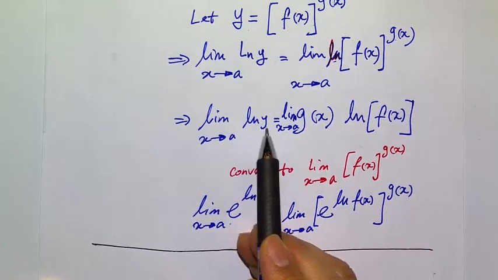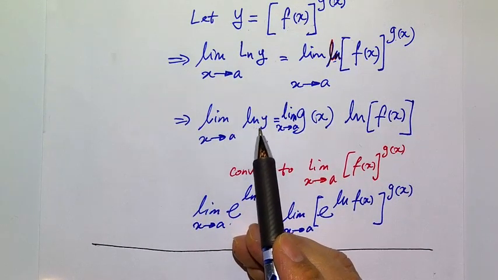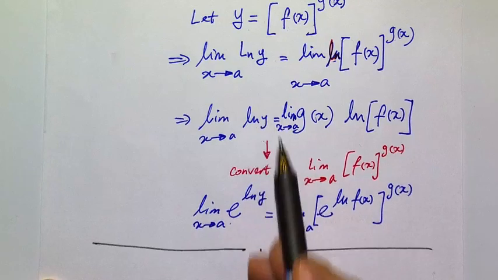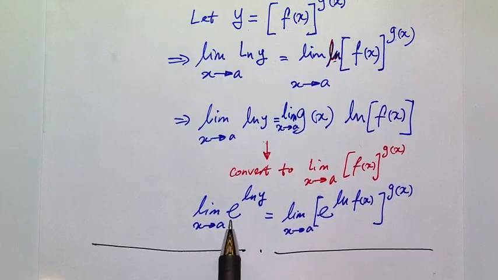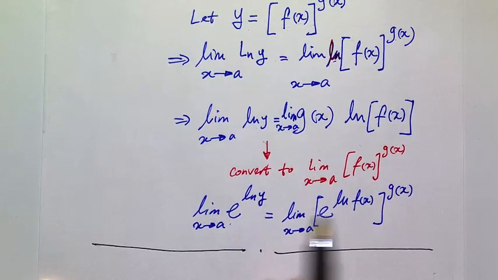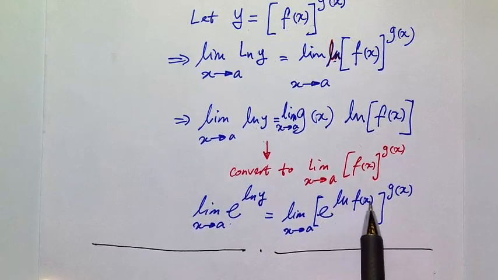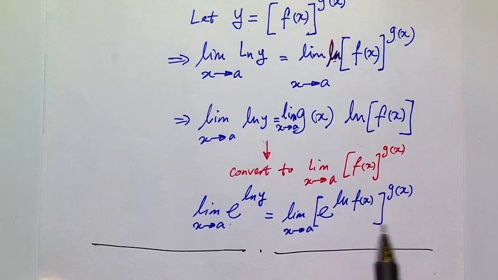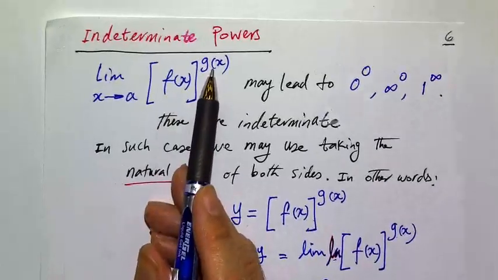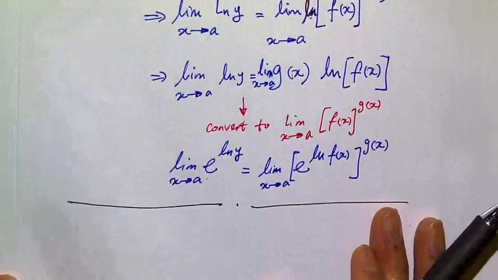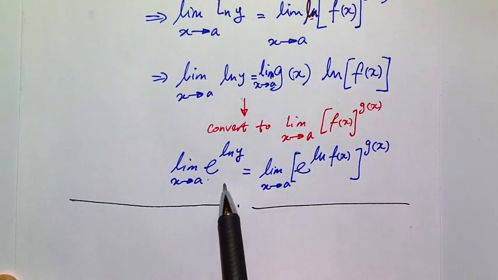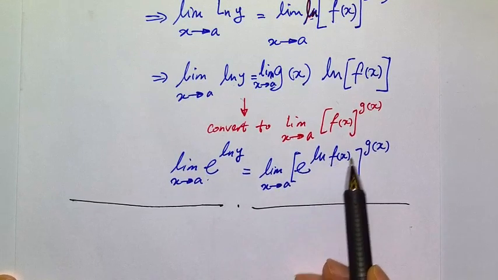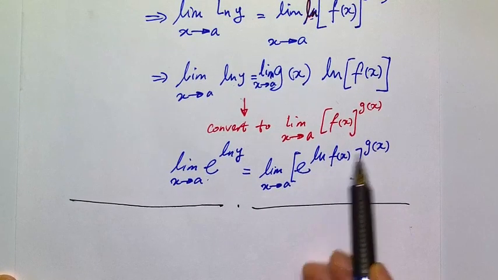E to the power natural log of y, by properties of natural logs, reduces to y. So e to natural log of y is equal to y. And e to natural log of f of x to the g of x power is equal to f of x to the g of x power.